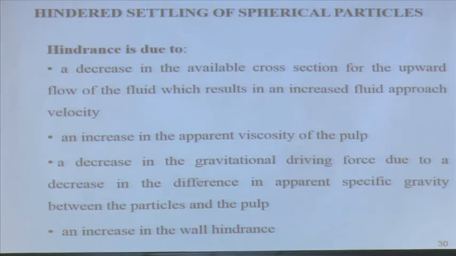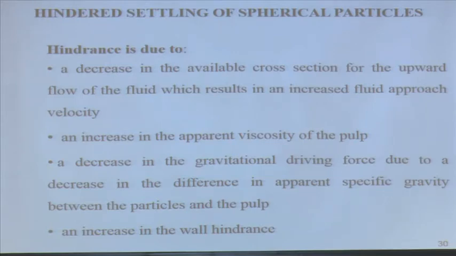Now when the particle wants to go down, it will be displacing the fluid upwards, but the fluid wants to go up and it is hitting another particle. So what is happening? You are creating a resistance to the upward flow of the liquid. So automatically your downward velocity of my particle will be reduced, because if it cannot displace that fluid, it cannot go down.